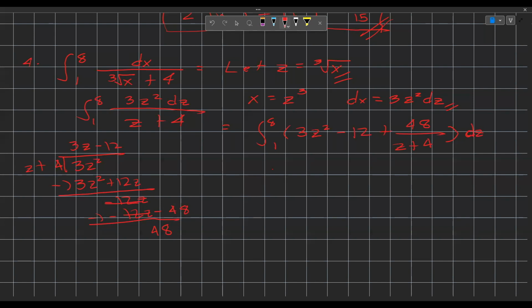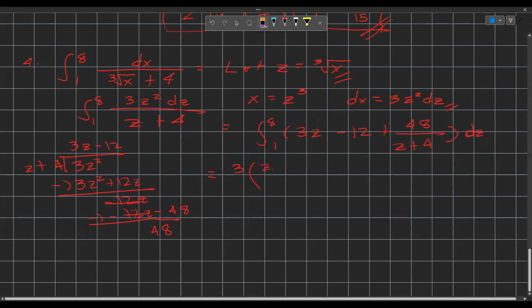Now, before we can do the definite integral, we have to integrate these terms first. So 3z, that will just become 3 times, or no, 3z. This is only 3z. Sorry.